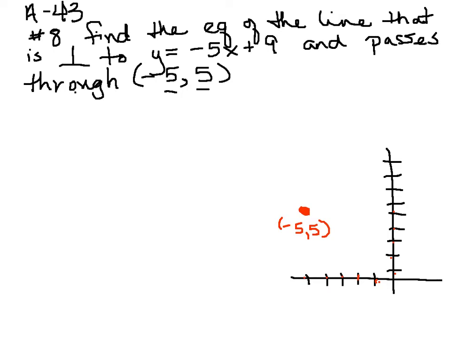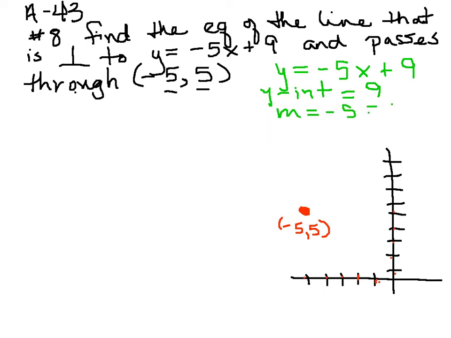And then I want it to be perpendicular to the equation y is equal to negative 5x plus 9. So let me go ahead and change my color here. And I have y is equal to negative 5x plus 9. Therefore, my y-intercept is 9, and my slope is negative 5, or I can say that's negative 5 over 1, because that'll help me, right?